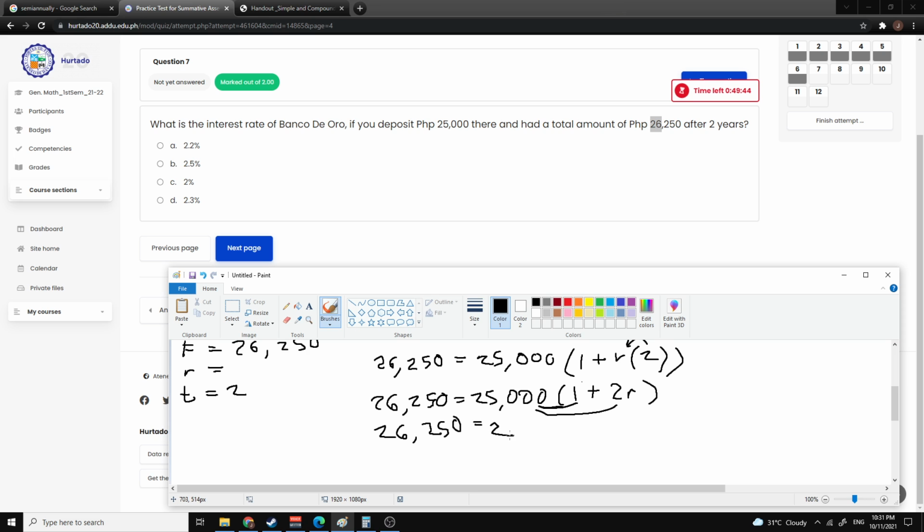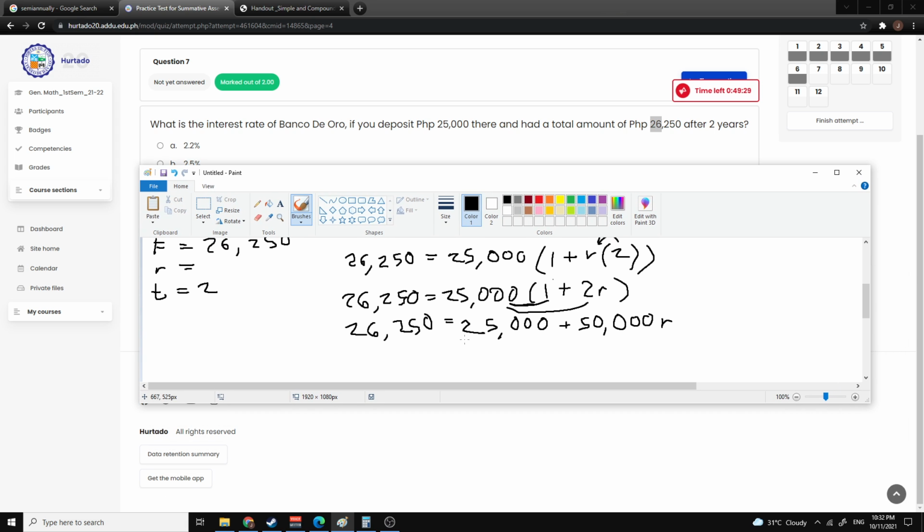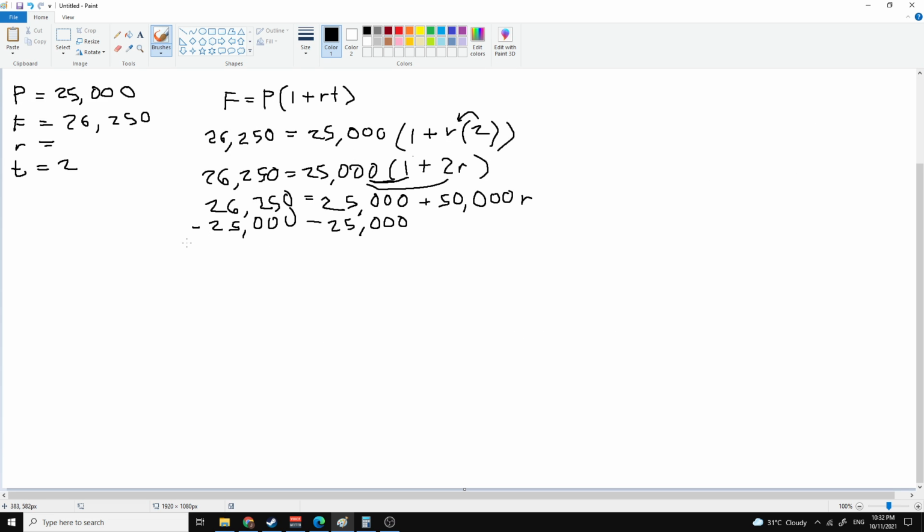So we're going to have to put that all into one number. It's going to be 25,000 plus 2R, so it's going to be 50,000 R. Now we're going to do the subtraction property of equality on both sides, because our main goal here is to isolate the R value.